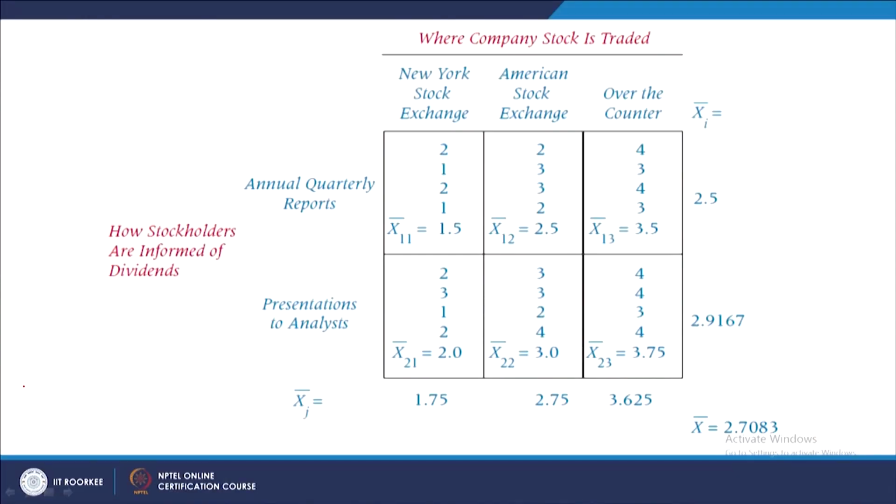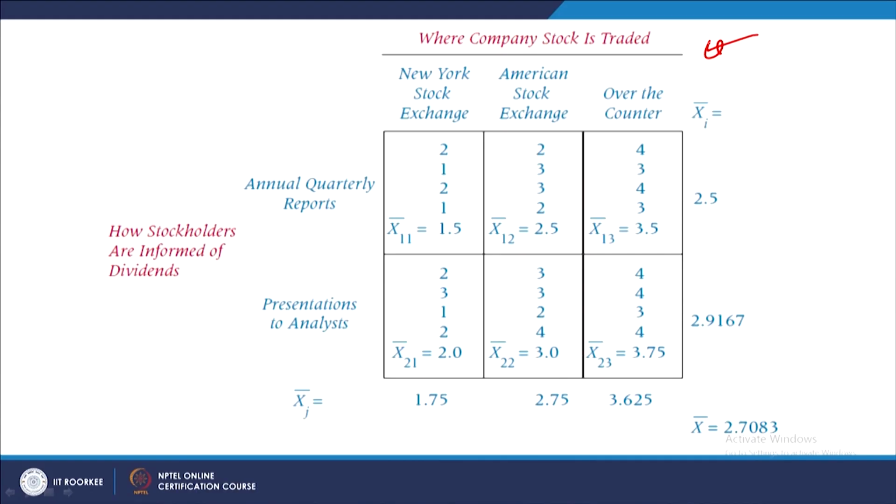You would be aware that in previous session we were discussing this question. We want to find out the effect on the stock price when there are two independent variables. The first is where the stock is traded and the second is how stakeholders are informed about dividends.